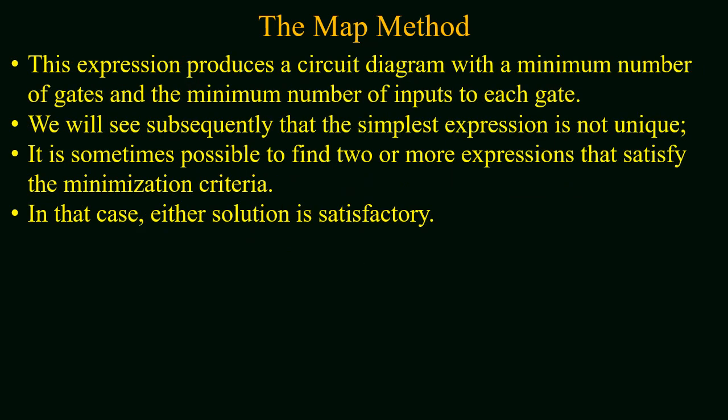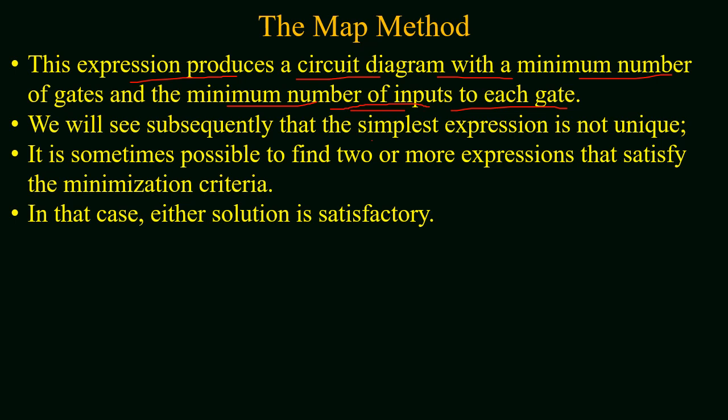And this simplified expression produces a circuit diagram with the minimum number of gates and the minimum number of inputs to the gates. As we said, the simplest Boolean expression will have the minimum number of terms, which will result in the minimum number of gates, and the second point was the minimum number of literals in each term. So corresponding to this, we will have the minimum number of inputs to each gate.